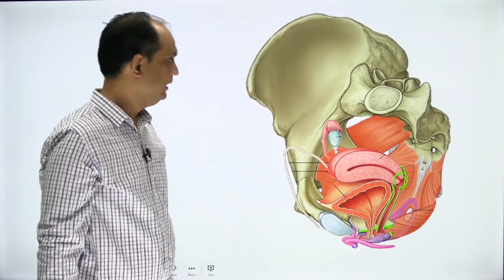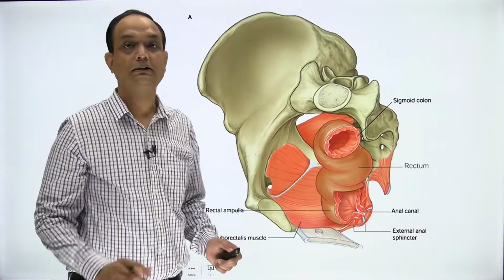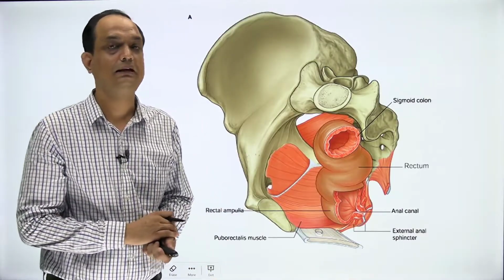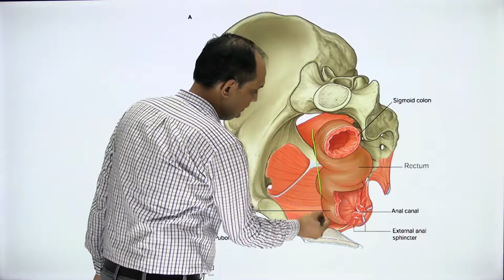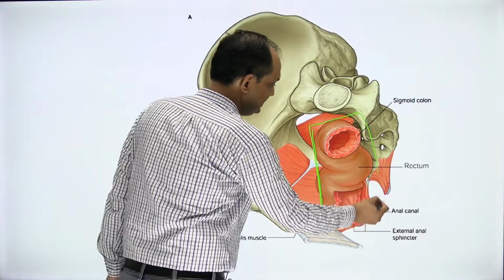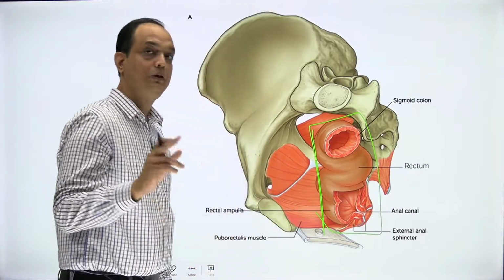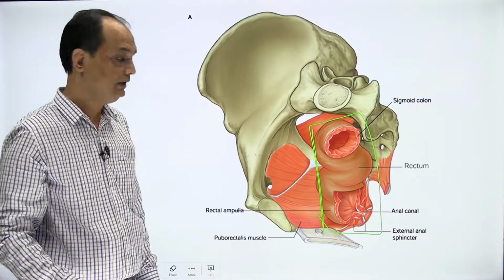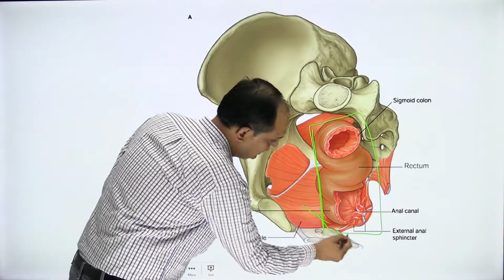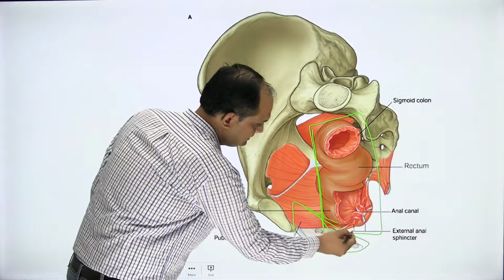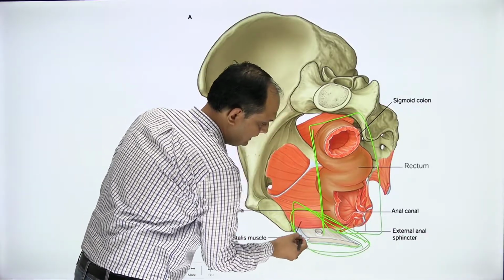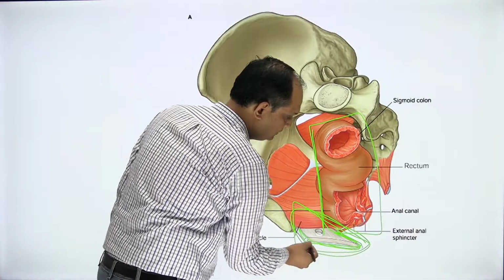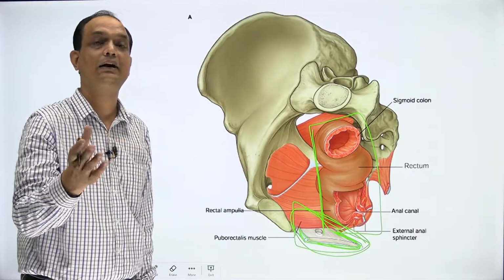Clear? Now, when you see another organ in the pelvis, that is the rectum. This rectum lies on the posterior part of the pelvis, and a very important thing you should appreciate is that it is not at all supported by the urogenital diaphragm, because the urogenital diaphragm only supports the urogenital hiatus.